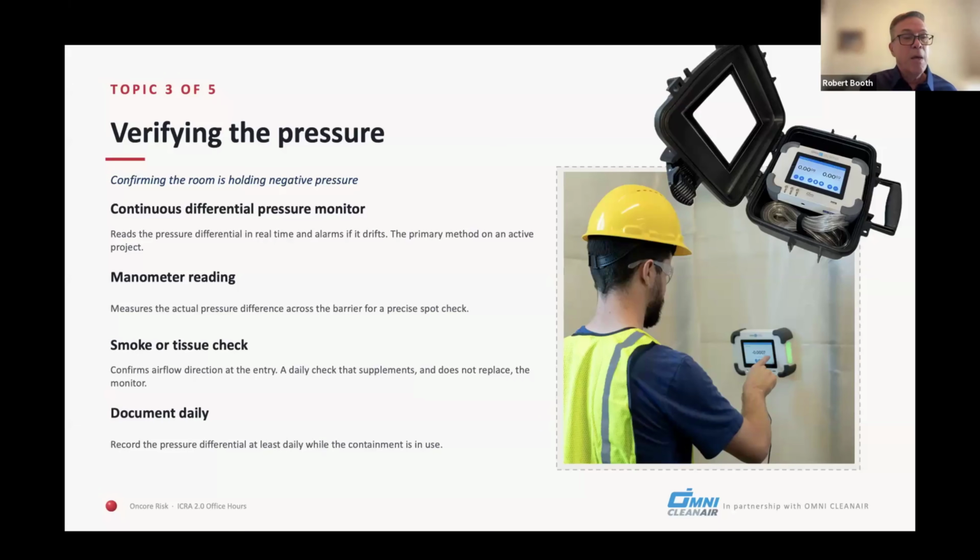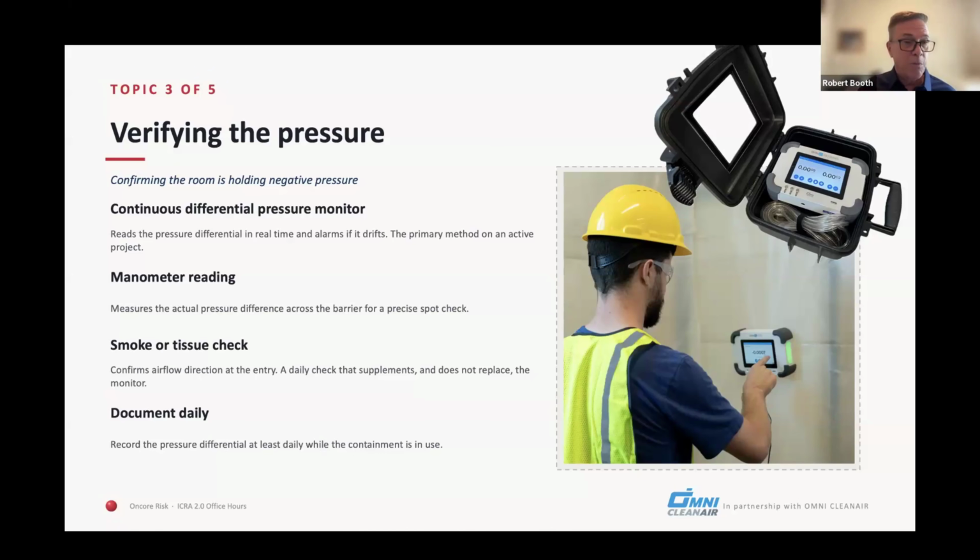So what happened? And then there's the smoke test or the tissue check, which we don't like to use anymore. And then there are other things such as a vane anemometer or a magnehelic, there are all kinds of devices. So what we want facilities to do is pick what they think is reasonable to defend that they can document. Daily checks.